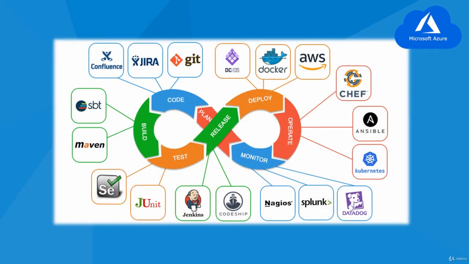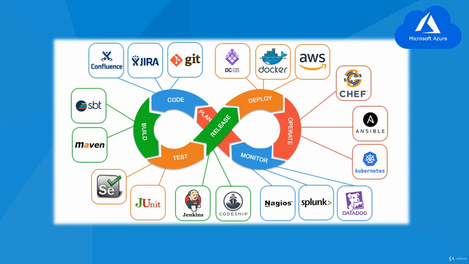We have a huge range of tools that are available to us when it comes to cloud. We can use various tools like Git. We can manage version controls. We could use containers like Docker, Kubernetes. We could also use Chef. We could use Jenkins, JUnit, or Selenium for testing.